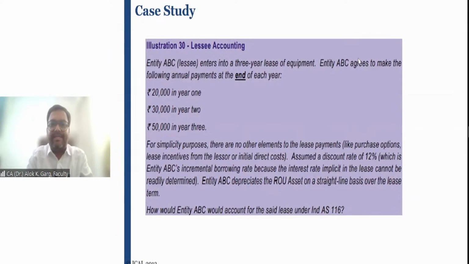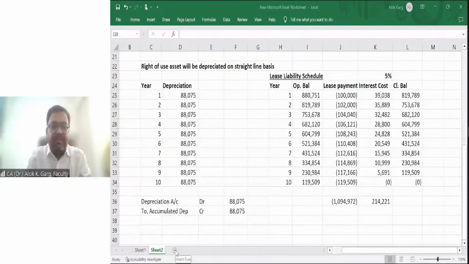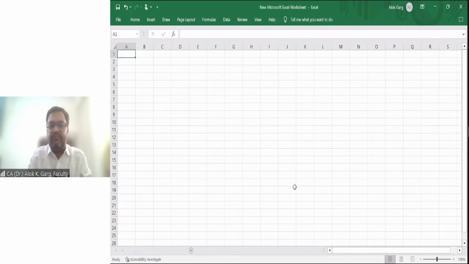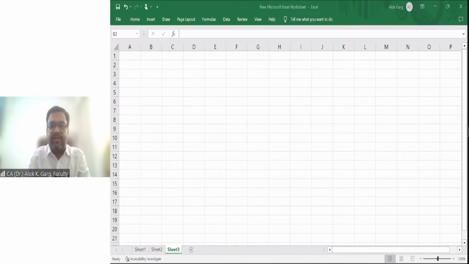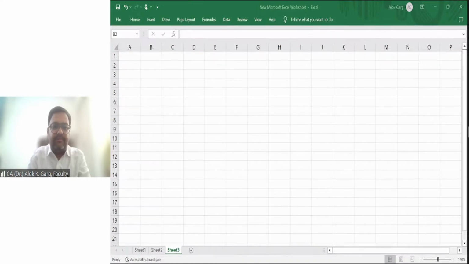I am taking you to an Excel file, and please confirm if the Excel file is visible. This was my illustration number 30 of the study material.